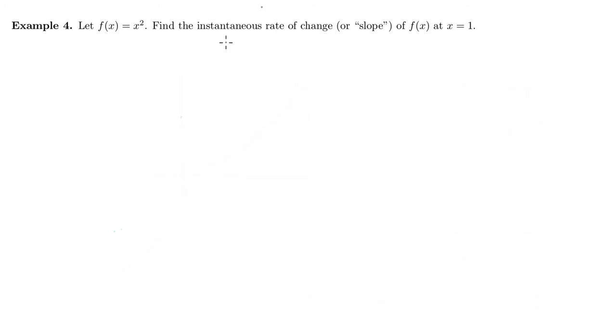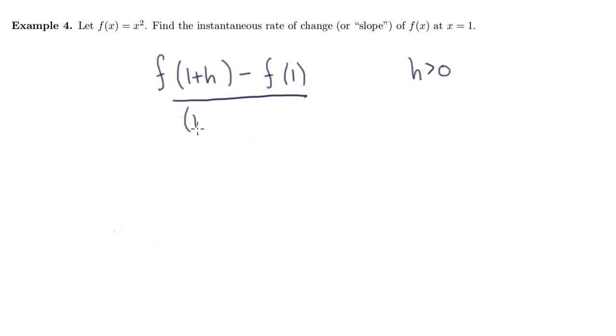Recall that step 1 was to find the average rate of change of the function over the interval 1 to 1 plus h, where I just want to think of h as a small positive number. This is the average rate of change of f over this interval.